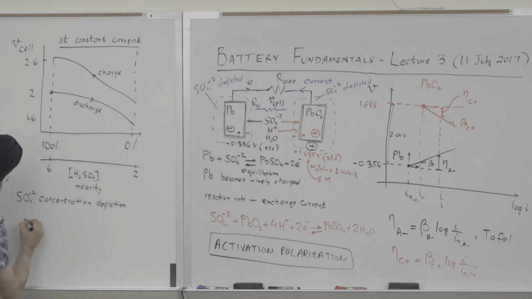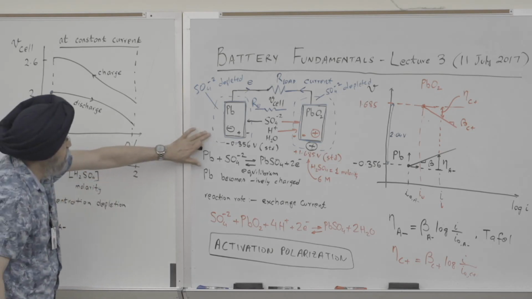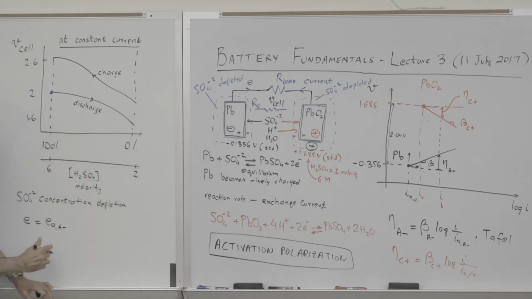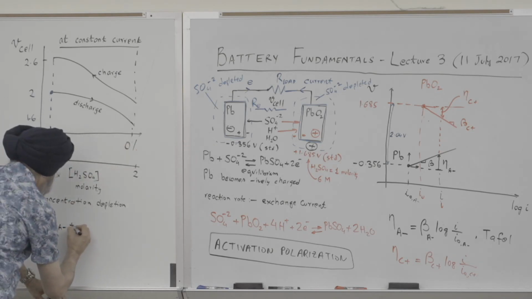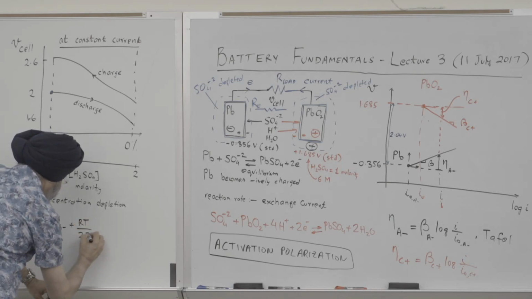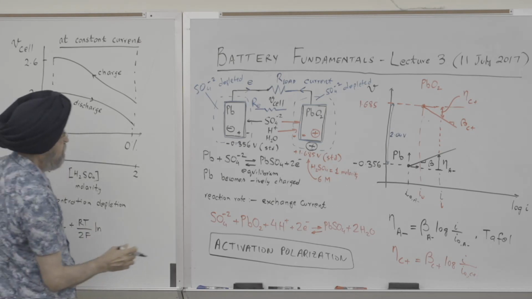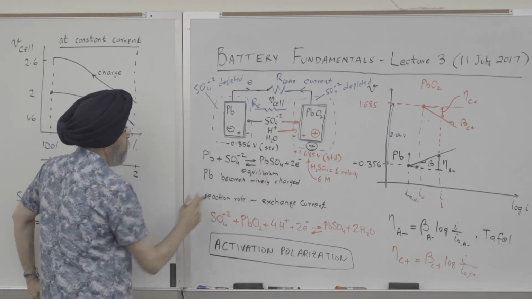So the new voltage E is equal to E naught, and I'll call this A, minus, for this is now an anode, and it's negative, plus RT over 2F log of reactants over product.